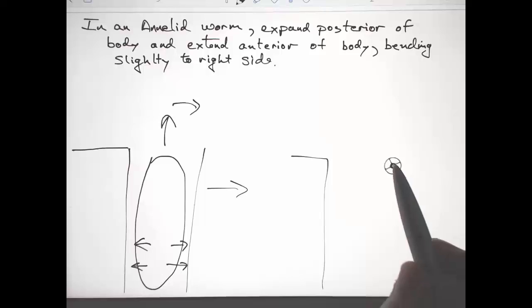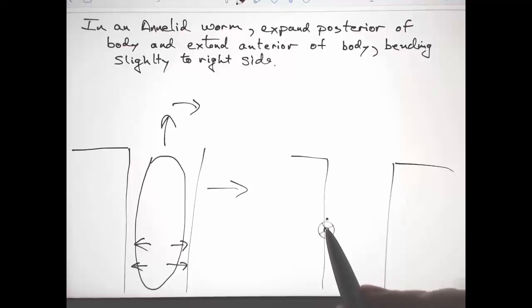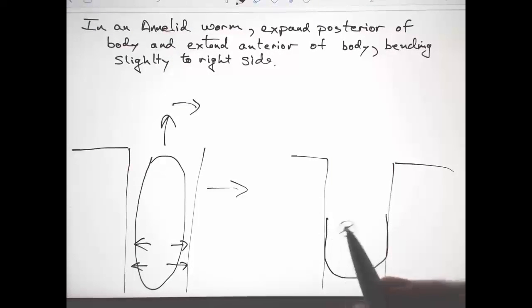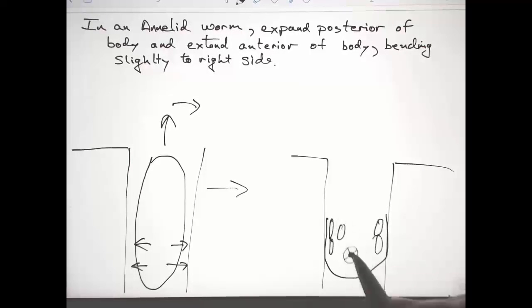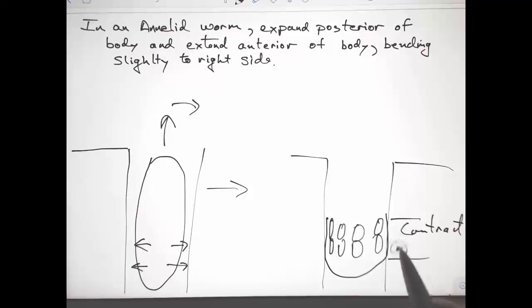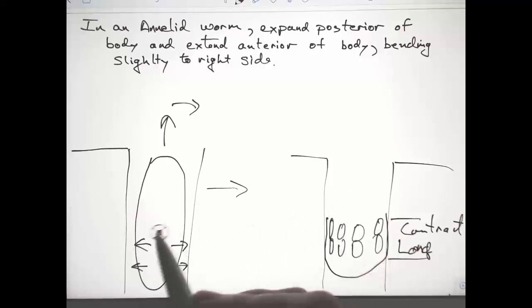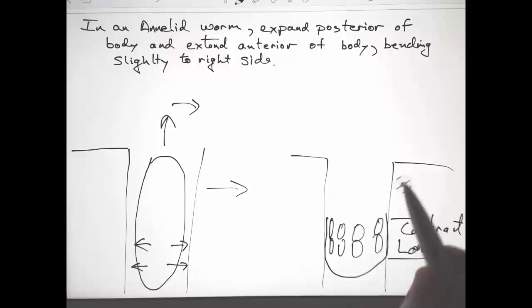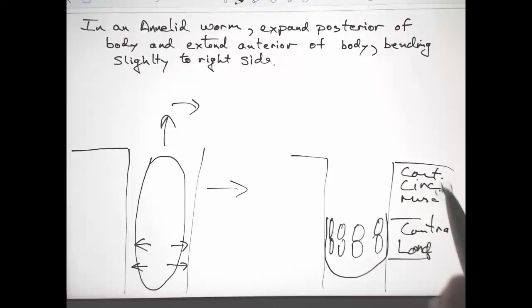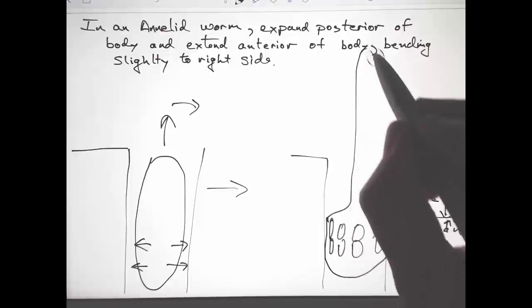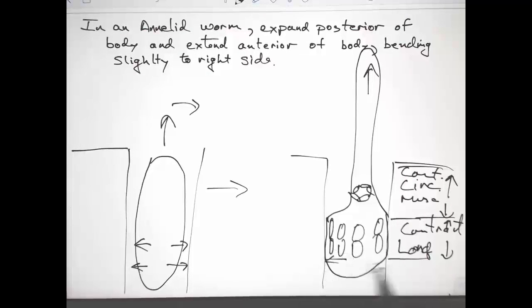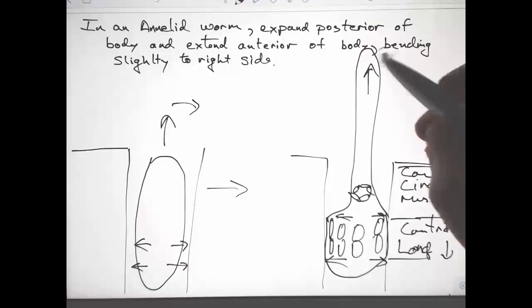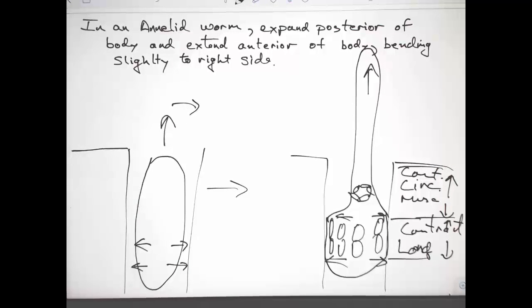So to do that, we want our worm to expand, so we're going to contract longitudinal muscles here, and then we want to contract circular muscles here. And so we're simultaneously pushing against the walls of this tube while we extend the worm out, maybe to feed.